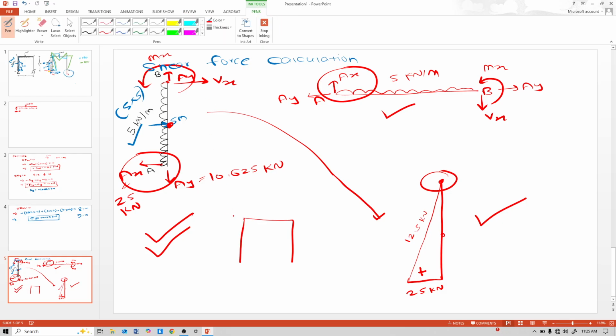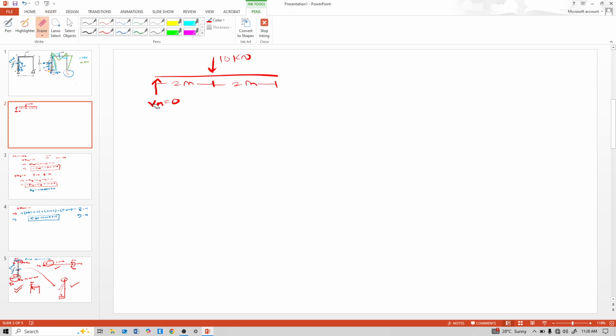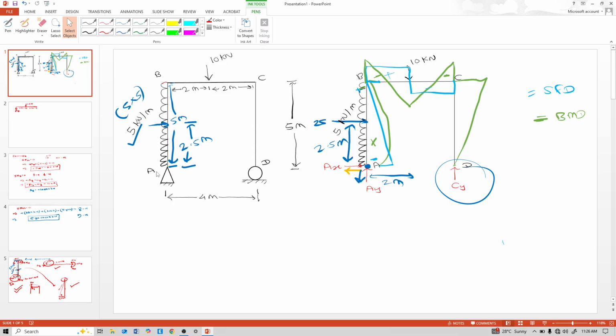So here AY is upward. For this beam, AY is like this, downward. So here take AY downward, not Vx equal to 0. Why downward AY? Because for the AB element here, the axial force is upward AY.